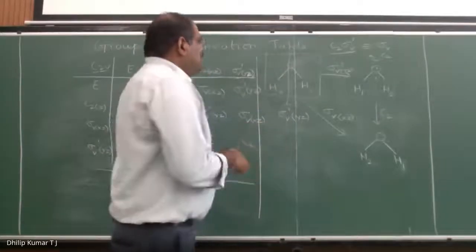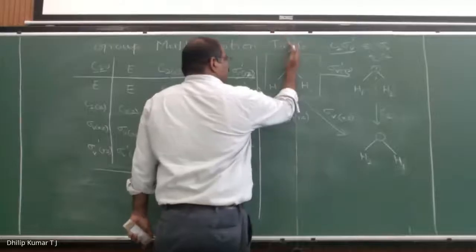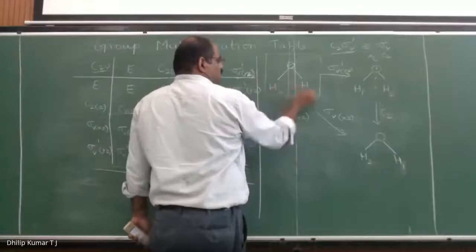So we can use that to distinguish both, right? In sigma YZ, we are putting a mirror here. Oxygen is there, only H is interchanging. Like we are considering hydrogen as a sphere, the front face of H1 will be replaced by the front face of H2. But in C2, the front face of H1 will be replaced by the back face of H2. So like that we can distinguish.